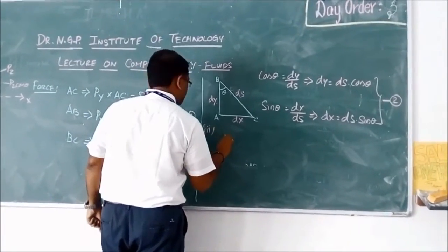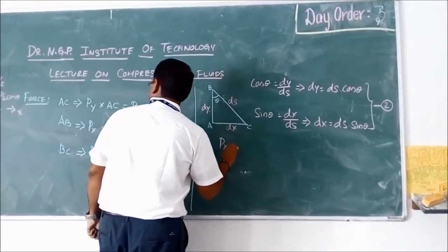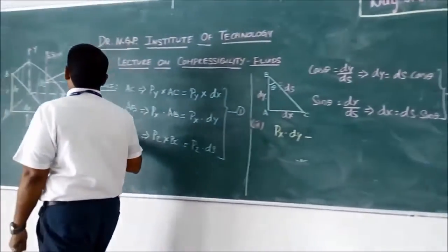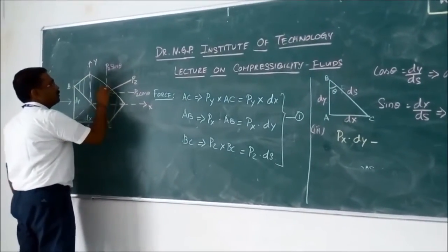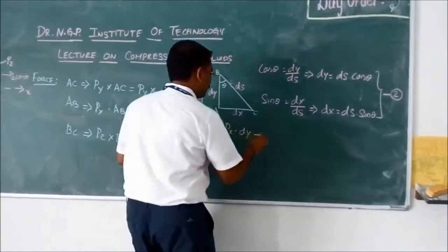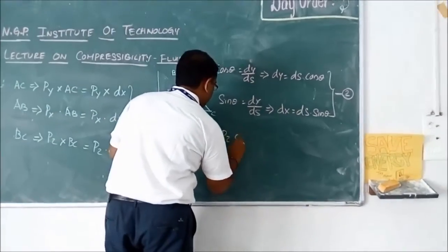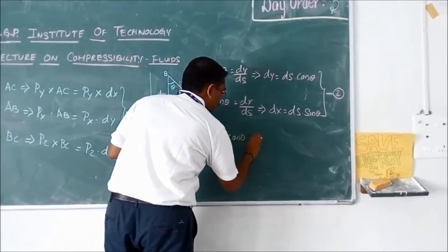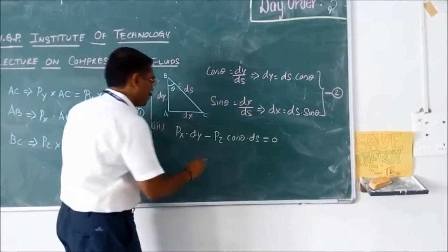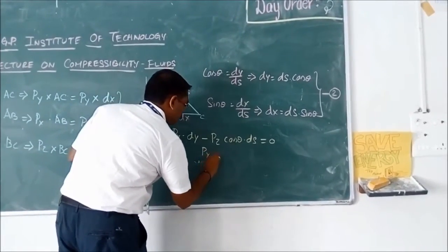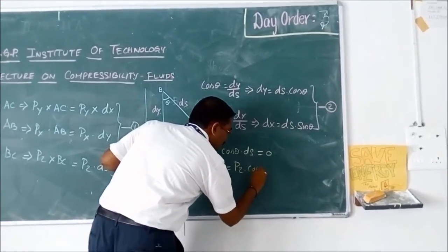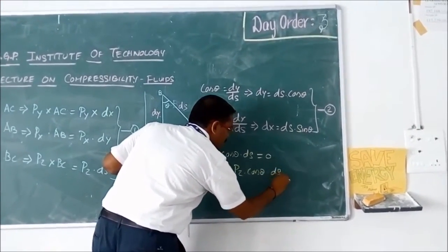So the forces acting in x direction is Px into dy minus Pz into cos theta in the negative direction. Pz into cos theta acting on the phase ds, which is equated to 0. Now I am rearranging it and say cos theta into ds.